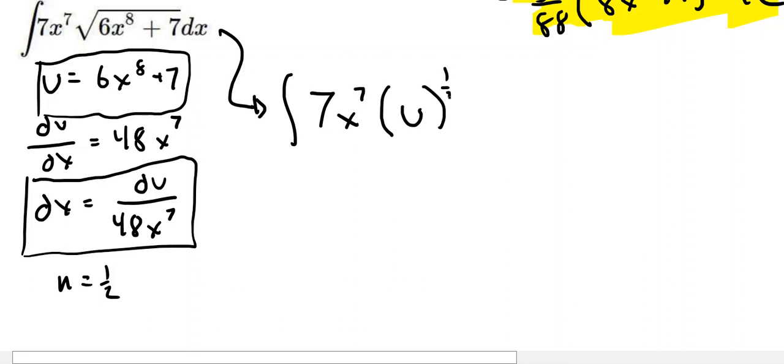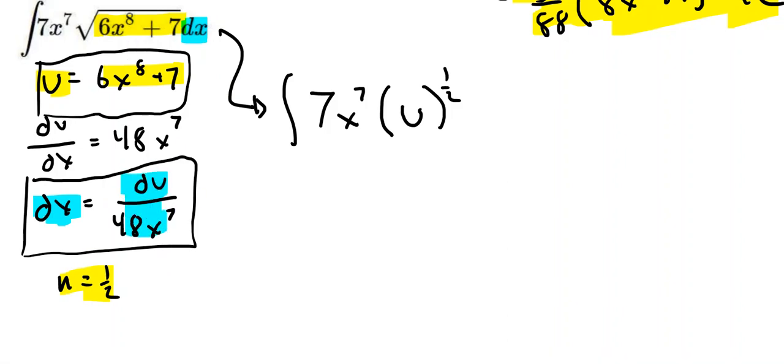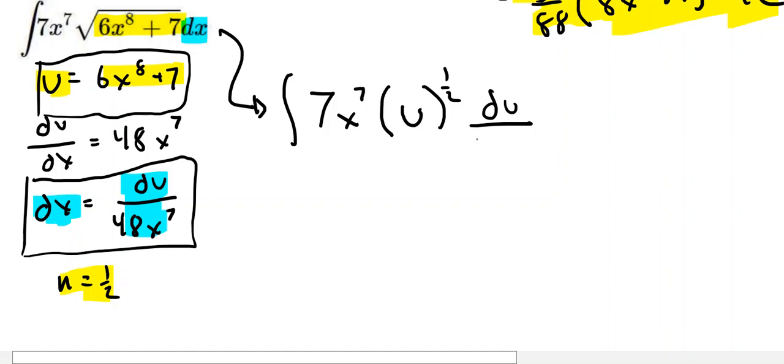Remember, we're taking out this and putting in the fact that it's equal to u, and then we're raising it to the n power. And now we're going to take out the dx and put in what dx is equal to, which is du over 48 x to the 7th.